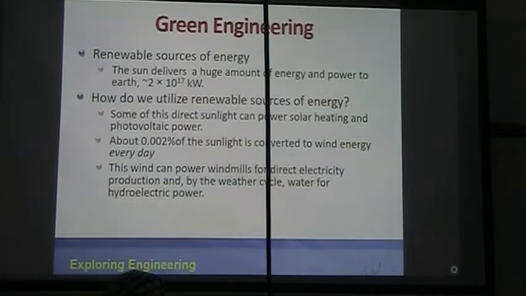All right, so how do we use these renewable sources of energy? Well, essentially, all these forms of energy come from the sun. So this number, 2 times 10 to the 17th power kilowatts, is what powers it all. It powers plants growing.